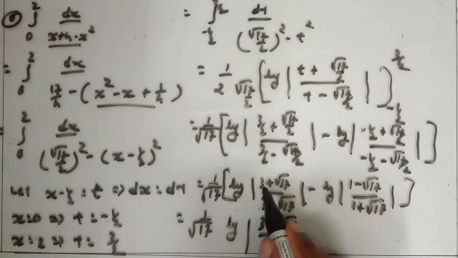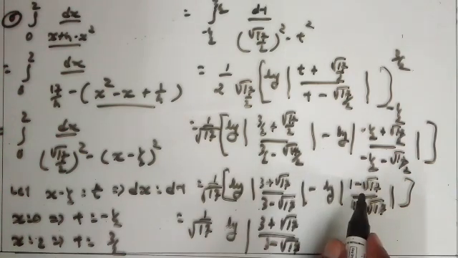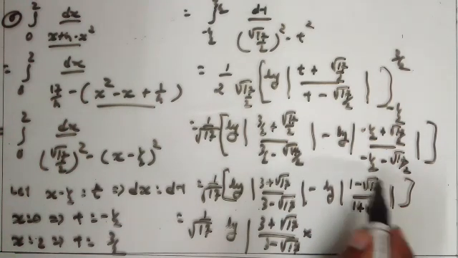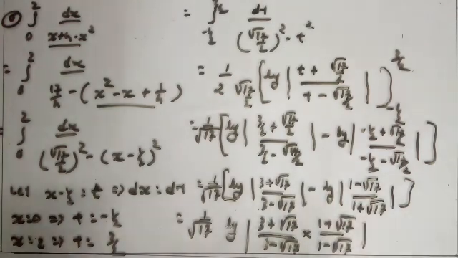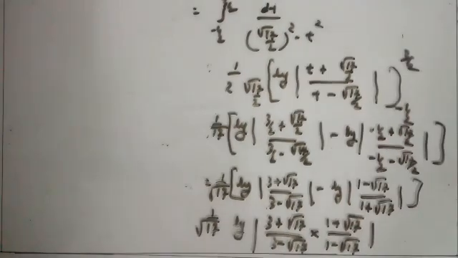Here f(b) minus f(a), that is b upon a, so taking a reciprocal of these terms, 1 minus root 17 upon 1 plus root 17. Clear? Now simplify this.